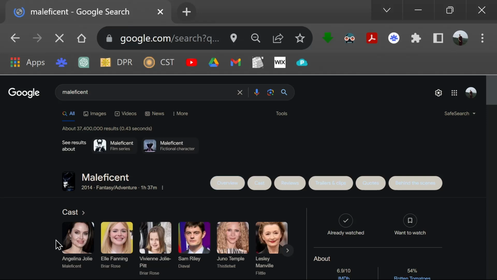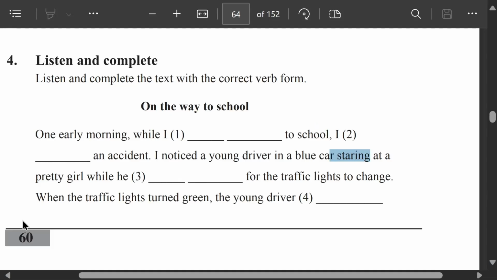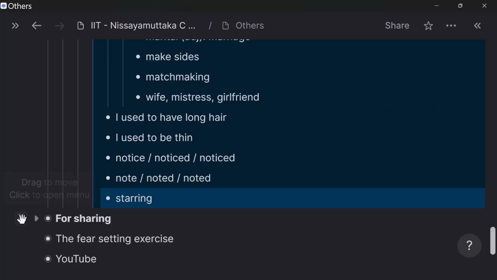So this is how you use the verb starring. But the verb here is staring.